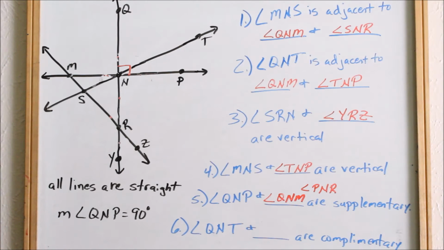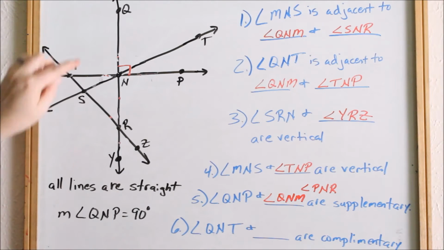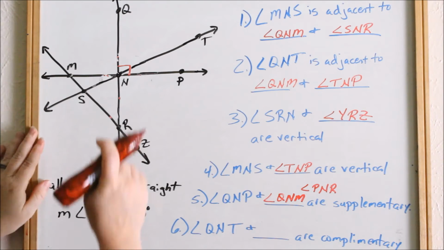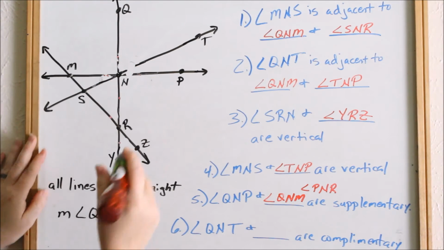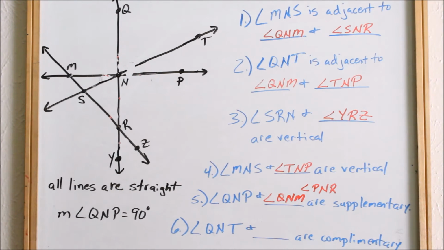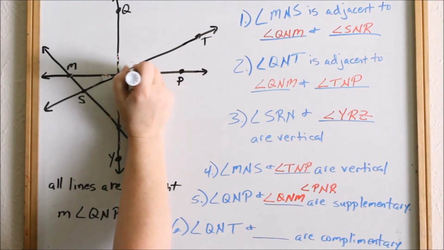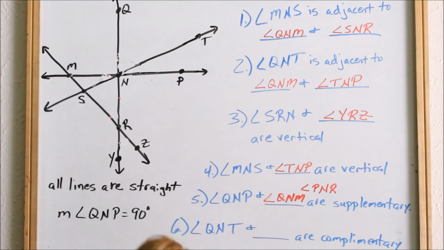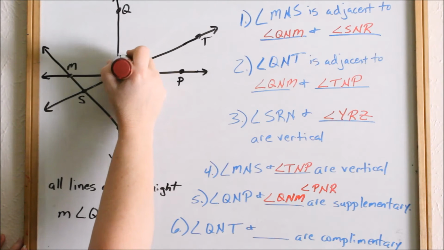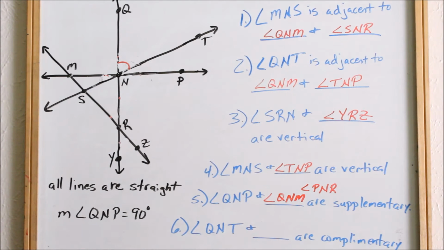Okay, number 6, QNT. I'm going to erase my right angle mark for right now so it doesn't get too confusing. So QNT, we are looking at this angle right there. And we want to know what angle is complementary to that, meaning angles that add up to 90 degrees.